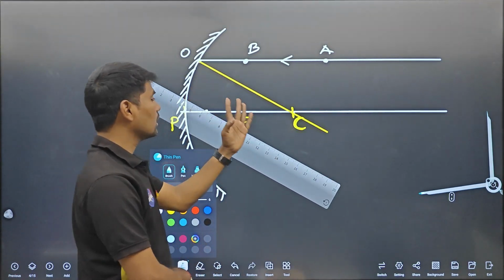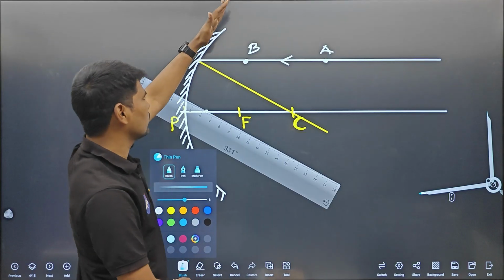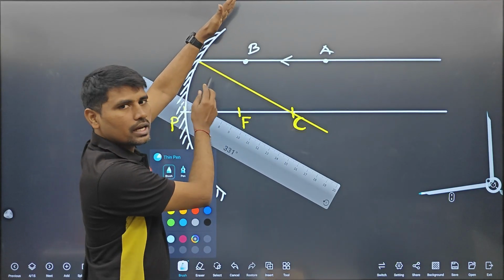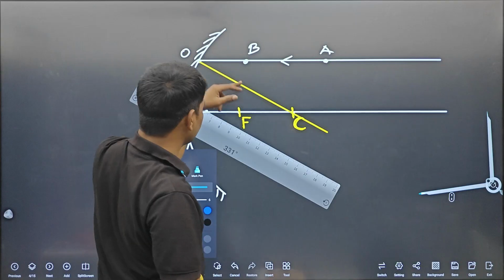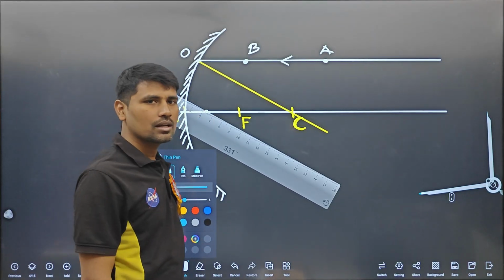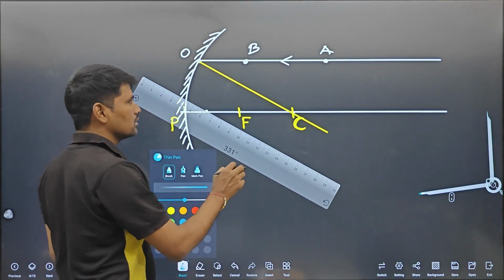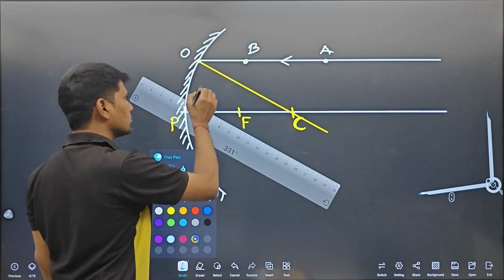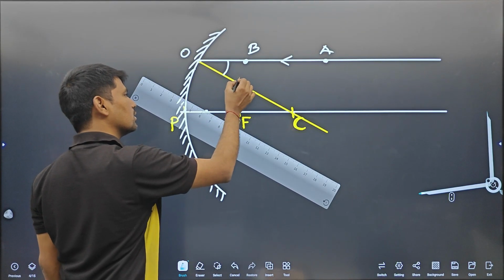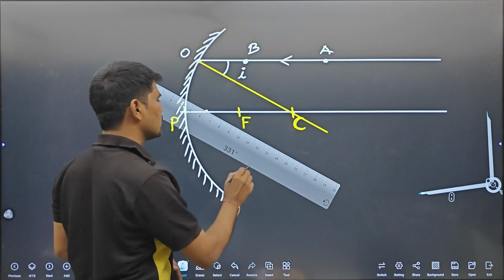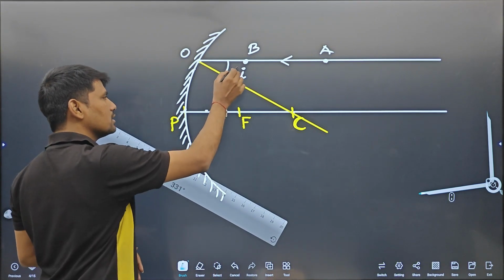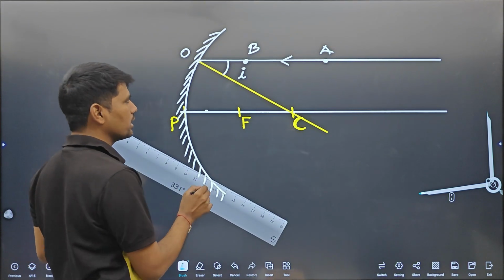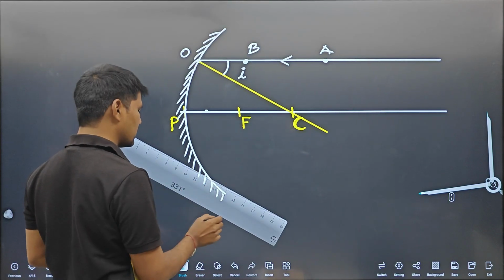It's very easy. If you draw the tangent at this point of incidence, the tangent and radius are perpendicular to each other, so that's why this radius acts as the normal. As per the laws of reflection, angle of incidence i equals angle of reflection r. If this is 30 degrees, the angle of reflection is also 30 degrees, right?